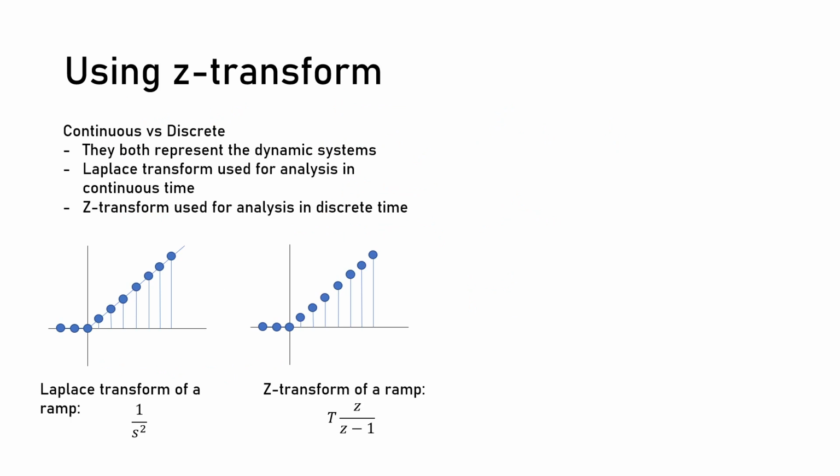The next point, I'm going to show you how to use the Z transform for dynamical systems. First, let's see a comparison between continuous and discrete systems. First thing, they both represent dynamic systems. Represent means you use a formulation to compute the output of the system from the known input, right?